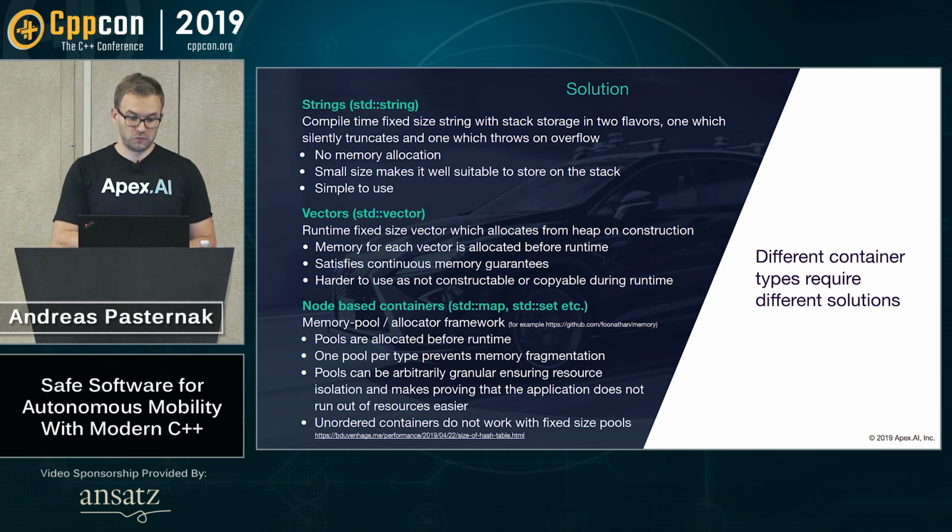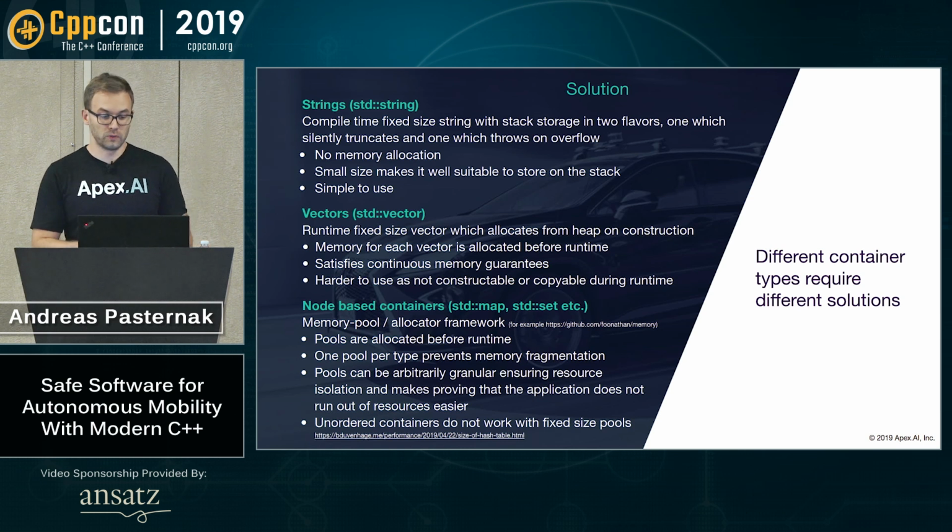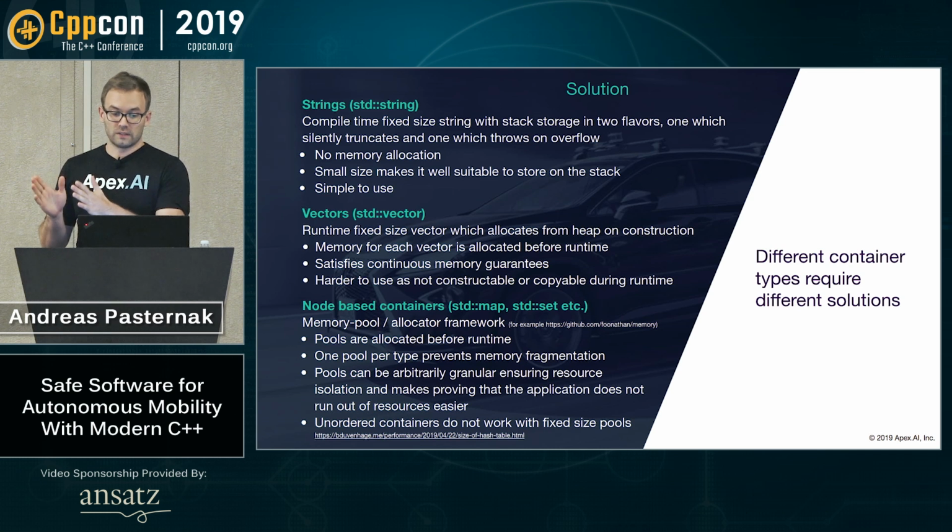So pools are allocated before runtime. And then here comes a very important point on how to use these pools. Basically, we have one different pool per type or per size. Which means for a std::map where we store maybe an integer and a float, we have memory pools that just give us pairs of integers and floats.